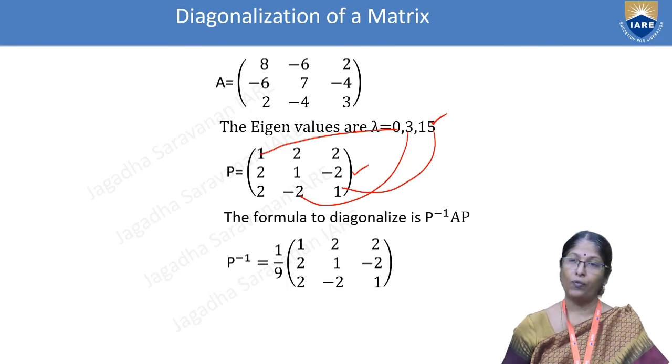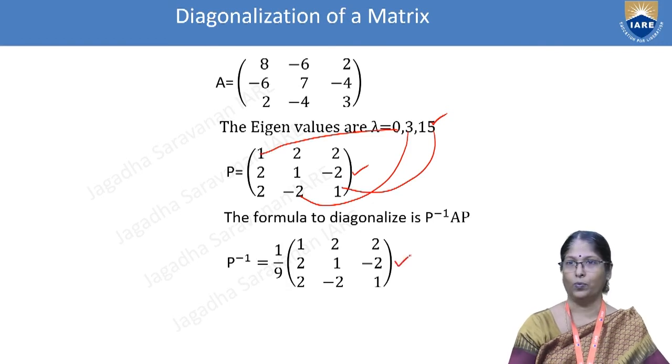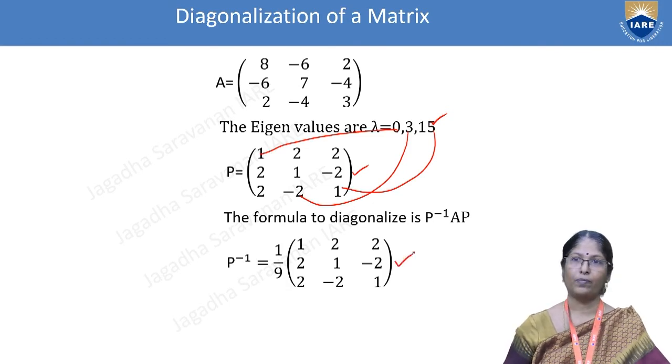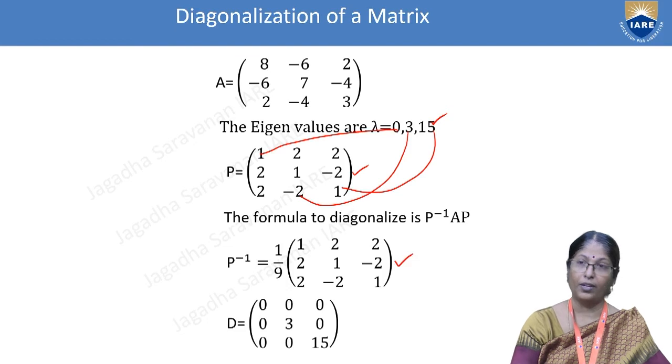And the cofactor matrix, we got it. Again the cofactor matrix, we did the transpose. It's nothing but adjoint. So P inverse is adjoint by determinant P, we got this one. Next, we substituted here, we got this diagonal form.